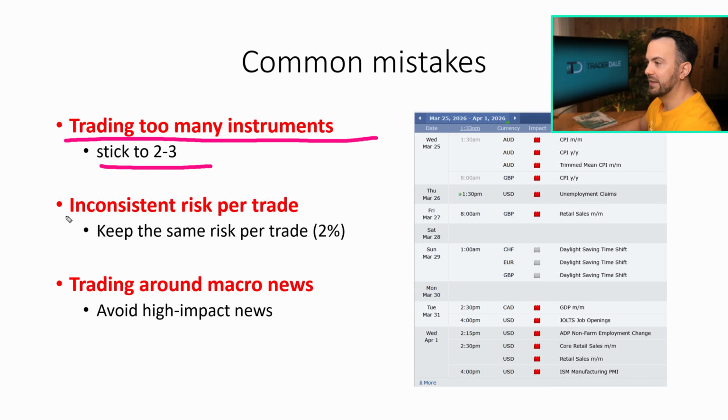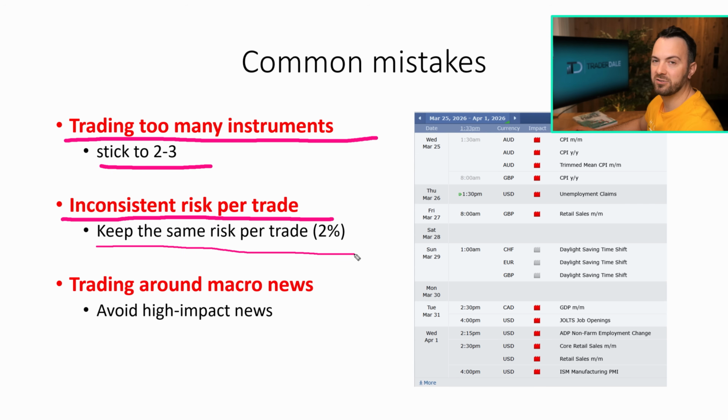Another mistake is inconsistent risk per trade. What you want to do is keep the same risk per every trade, for example, 2% risk per trade. What people do is that if they see a trade that they really believe in, they tend to risk more than on the next trade, which doesn't look too good, and they're afraid, so they risk less, okay?